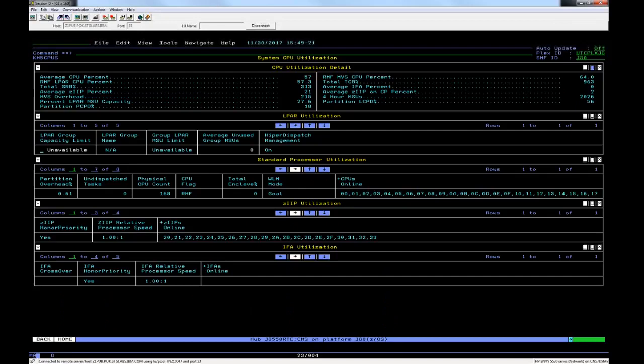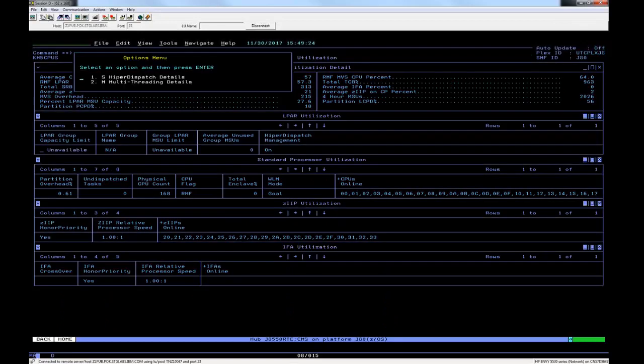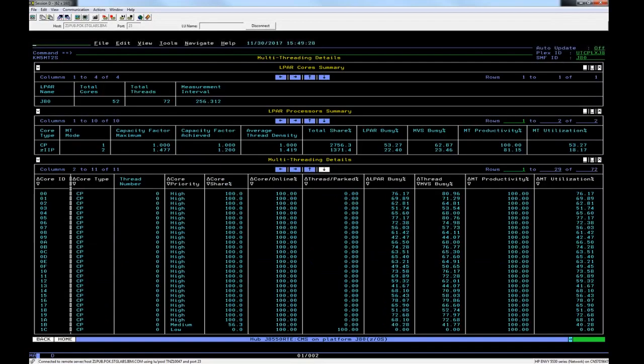So just backing up, I'll show you the multi-threading specific support. In this case, it's really an extension of the hyper-dispatch support. But here we start talking about, as I was mentioning earlier, cores versus physical CPUs.